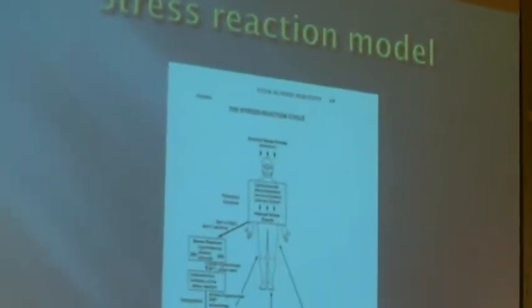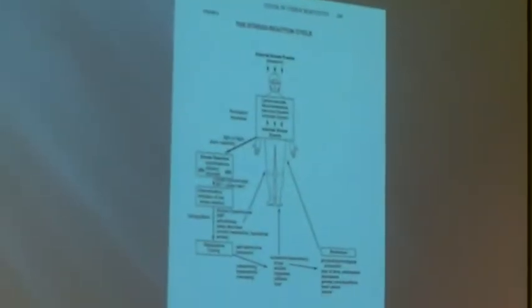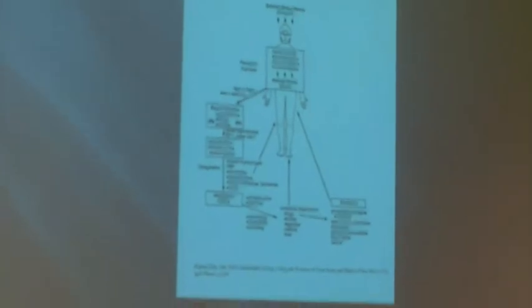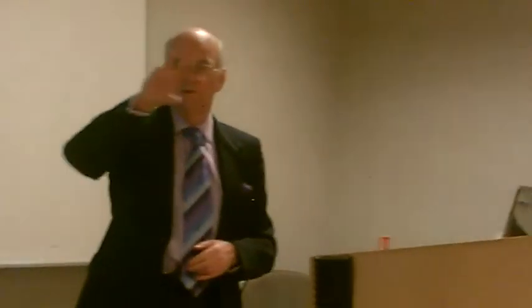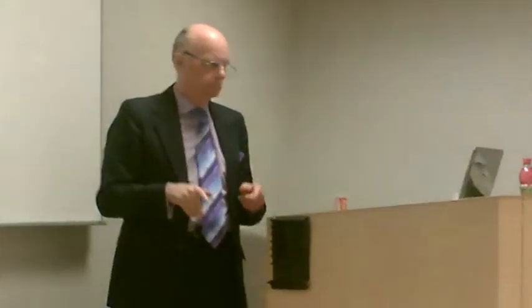And when we look at the stress reaction model of mindfulness, we can see here a more detailed illustration, an expansion of the simple diagram I gave you a few moments ago. This is the basic stress reaction model. And again, we don't need to go into any great detail because all I've given you in its simplified form is the sympathetic nervous system, the endocrine system, the immune system, and how to intervene and take control cognitively.